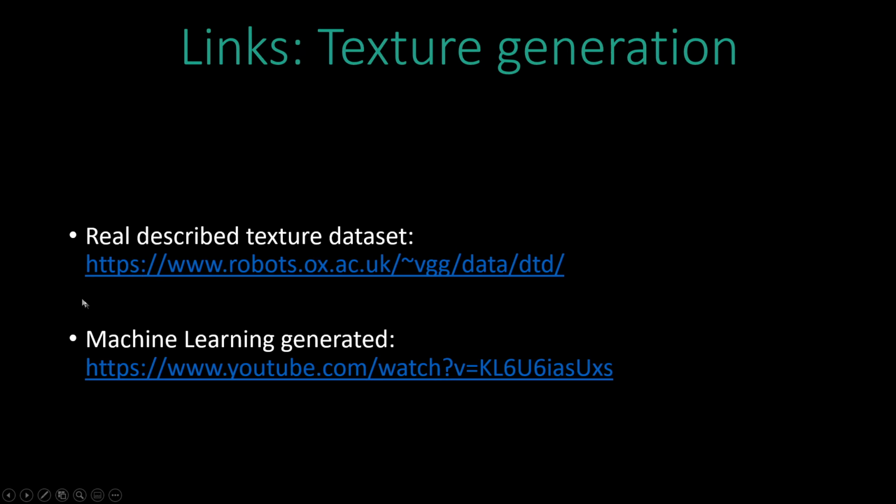There are data sets out there which have enough data of textures, and then there are some machine learning generated textures, which means having some small texture and maybe upscaling it and then having it be repeatable and stuff like this. Again, they are not using directly the same functions we were talking about, but similar concepts can be drawn from there. Okay, so let's have a short pause in this case.